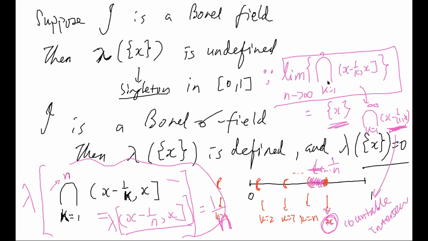And since the singleton is obtained after you take countable intersections, the measure of the singleton is the limit of 1 over n as n goes to infinity, and therefore this will tend to 0. Okay, and this shows you that the Lebesgue measure lambda on a singleton is equal to 0.